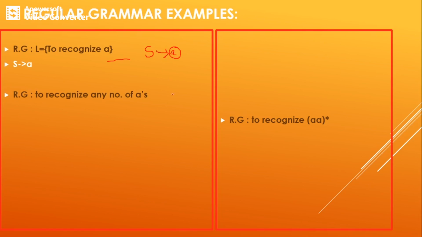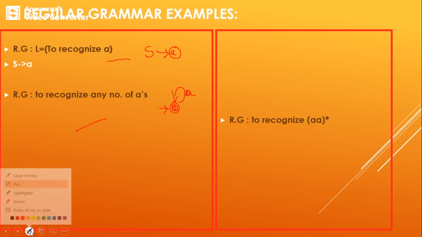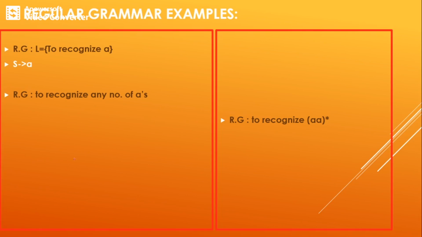Next, to recognize any number of a's. What do you mean by any number of a's? This itself is your start state. So how do I write that? The regular expression, you know, is a star.